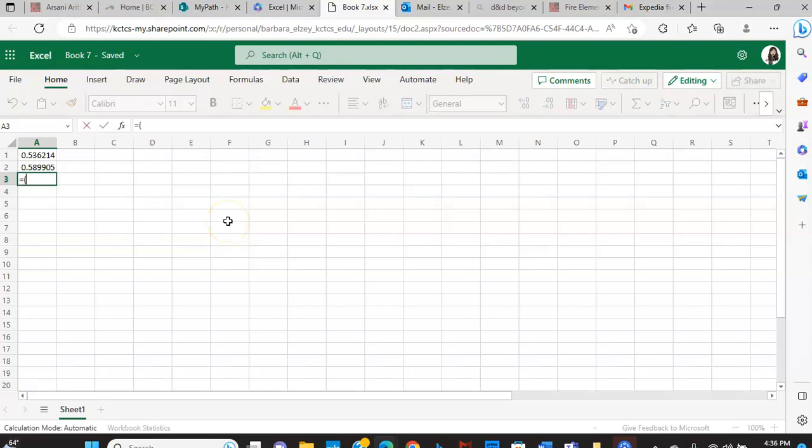So I'm going to just subtract those two. 0.589905 is the bigger one, minus 0.53614. And that is our answer to that probability problem. The probability of being between those two values is 0.053691.